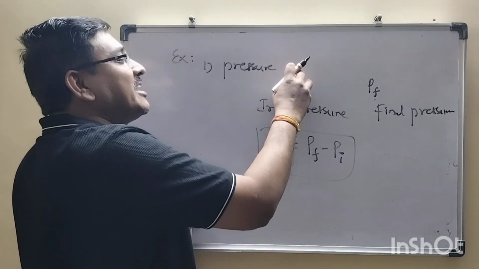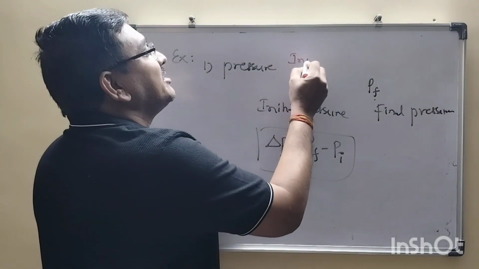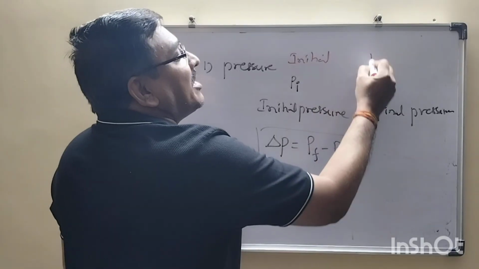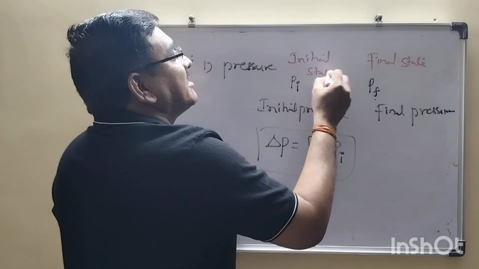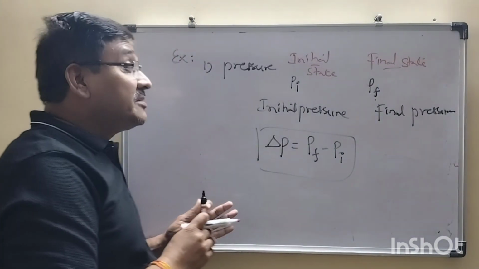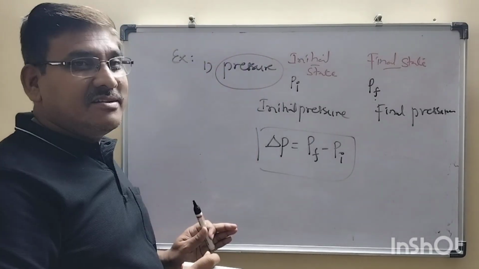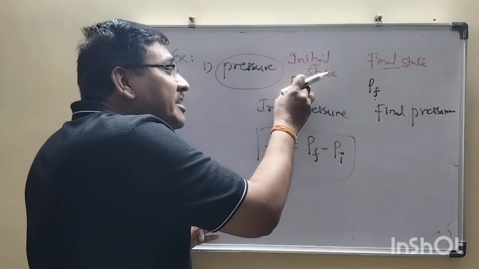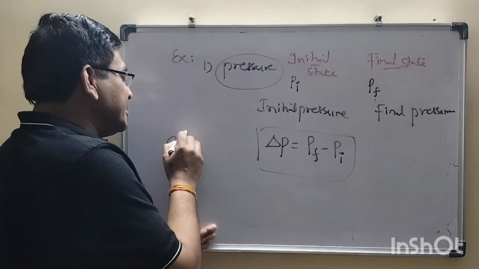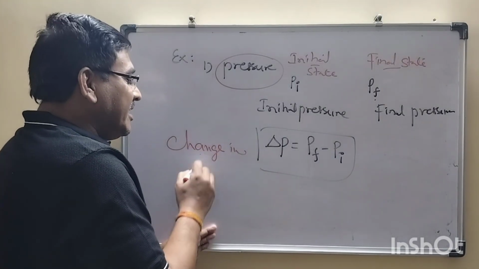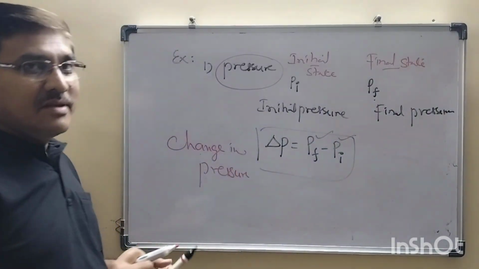This is the initial state and this is the final state of the system. Clear? That means pressure is a state variable or state function, changing from the initial to the final. The change in pressure is delta P equals Pf minus Pi. Clear? Right.